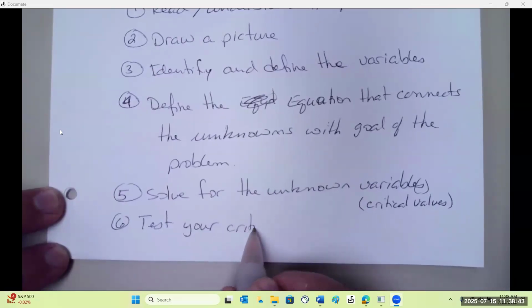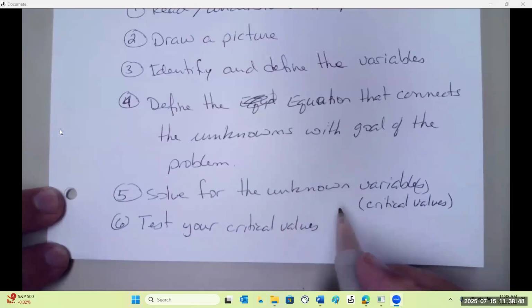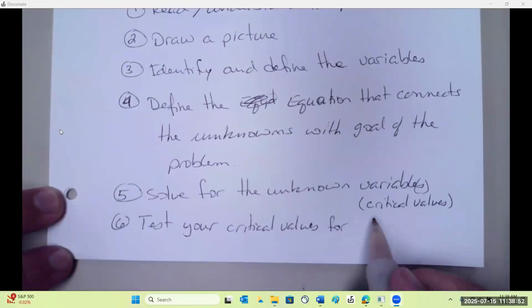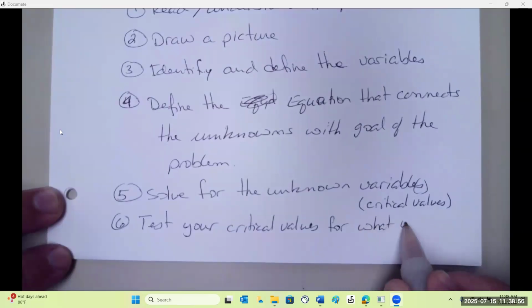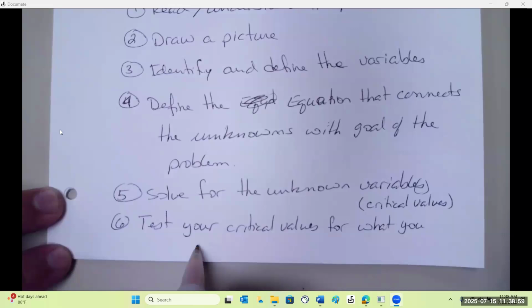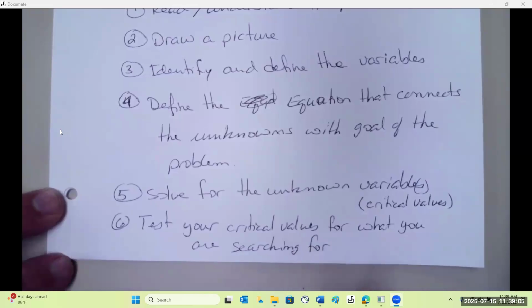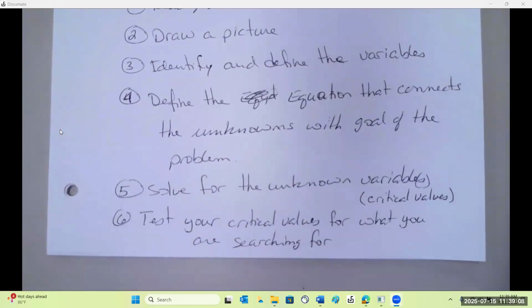Test your critical values for what you're searching for. That includes making sure the values you're using are within the domain of the parameters that you're defining.